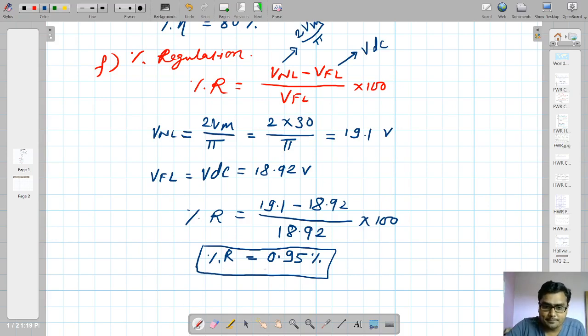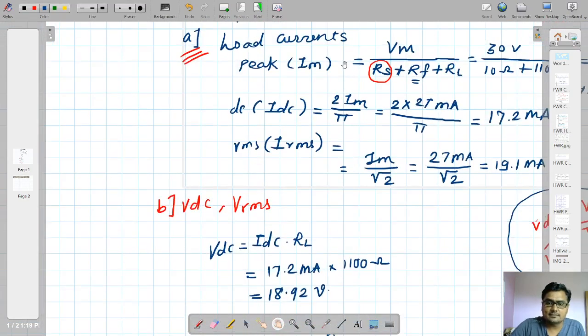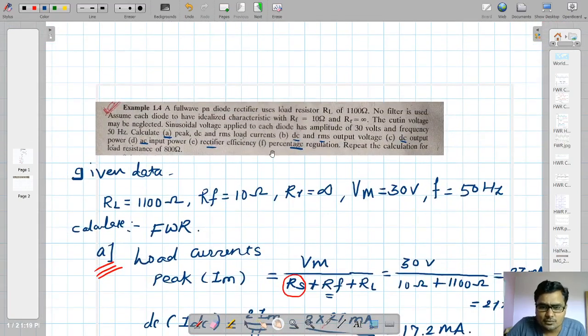So percentage regulation, that's what it is. We have calculated 0.95, and now repeat the calculation for a load resistance of 800 ohm. It means now I'm giving this task to you.